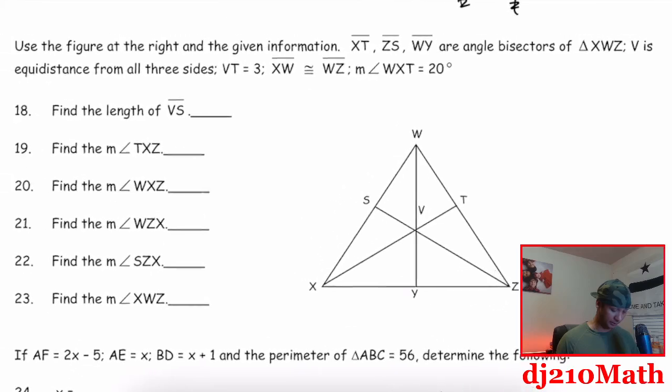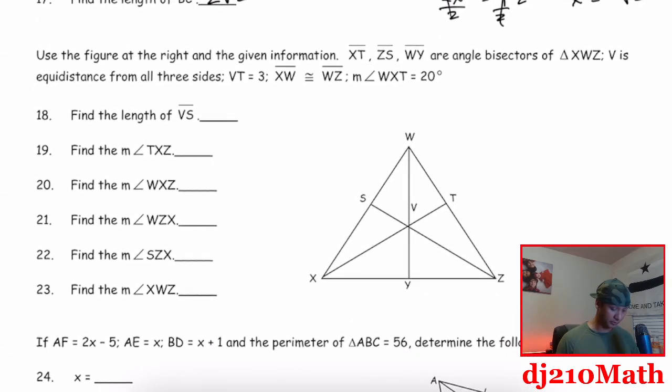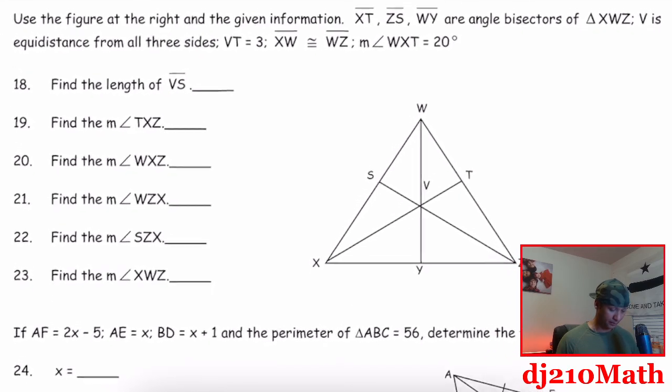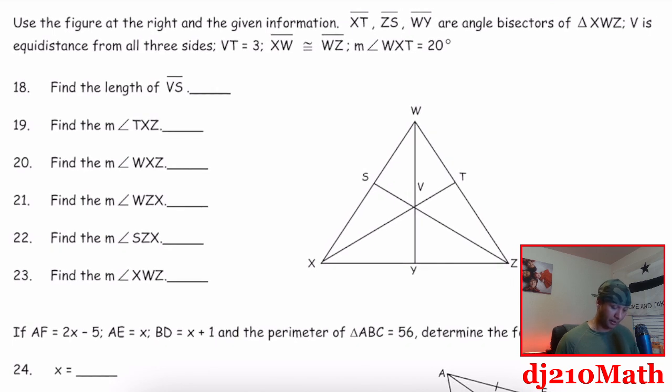Are we at the last one yet? No, we got two more figures. Okay. Use the figure right and the given information. XT, ZS, WY are angle bisectors. So that means the angles are going to be congruent. So XT, this angle is congruent to this angle. ZS, so this angle and this angle are congruent to each other.